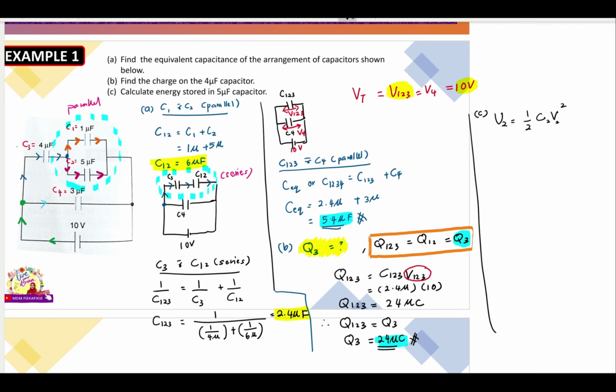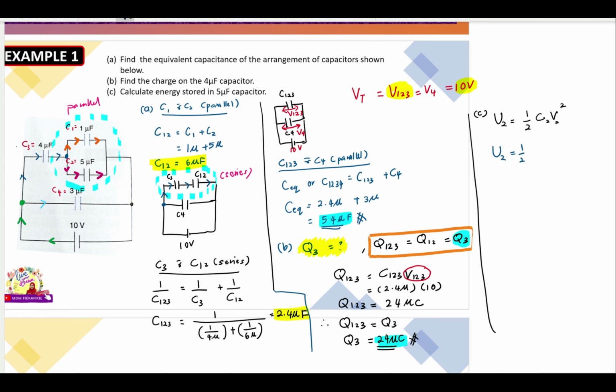So boleh gunalah formula yang ini, ataupun formula half Q squared over C ataupun half QV pun boleh juga. So kita perlu ada charge Q2 dan juga V2. Saya akan guna yang ini, cumanya saya perlu cari nilai V2, voltage across C2.